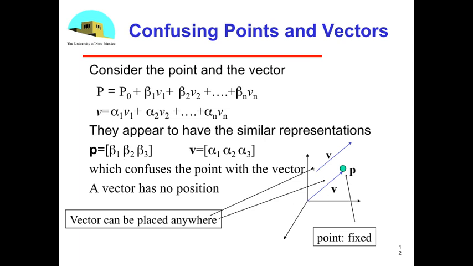But here's the problem. If you go back to the little picture of the affine space, the origin's right here. So this vector, alpha 1, alpha 2, alpha 3, could be here, it could be here, it could be anywhere as long as it has the same direction and magnitude, no problem. But this point belongs in only one place because a point has a position. We'll see some more examples of that later, and we'll see a way that will always get you around that problem.